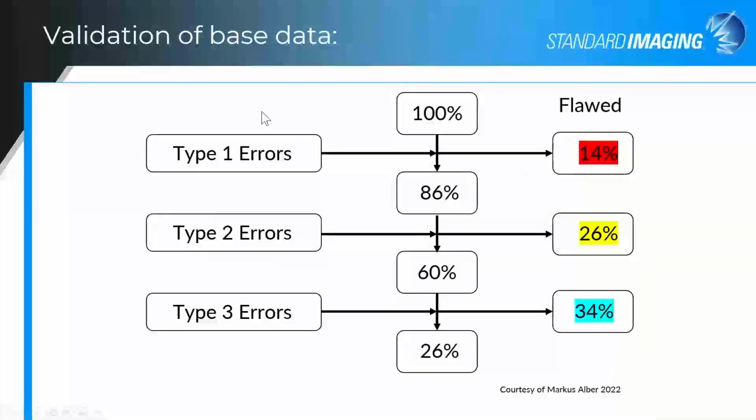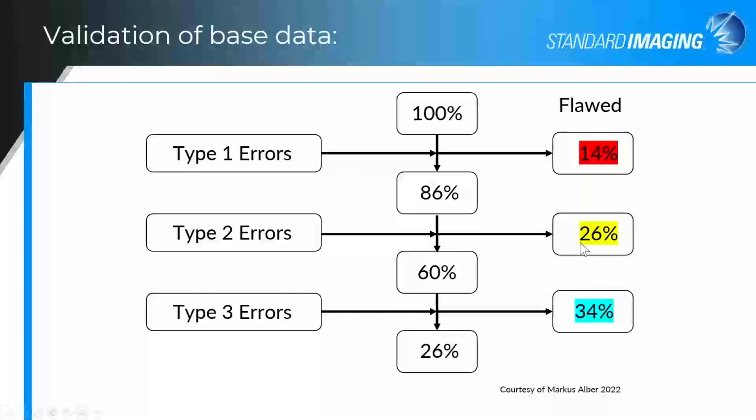Not ideal detector. But the real interesting thing that I wanted to show is that 14% of these cases had type 1 errors. So, really not good results from their water tank measurements that were, of course, then used to commission the treatment planning system.